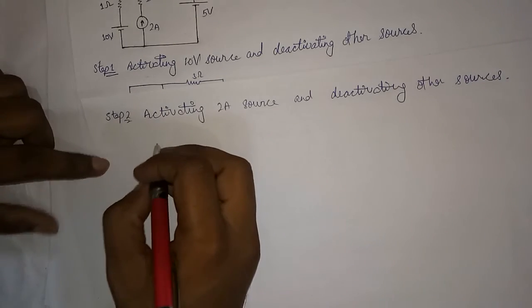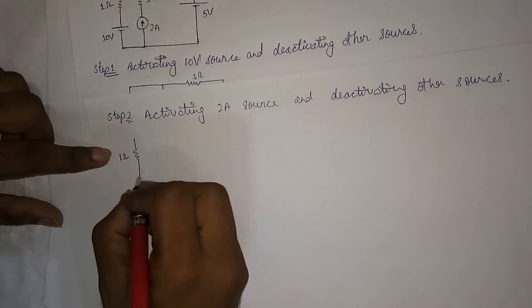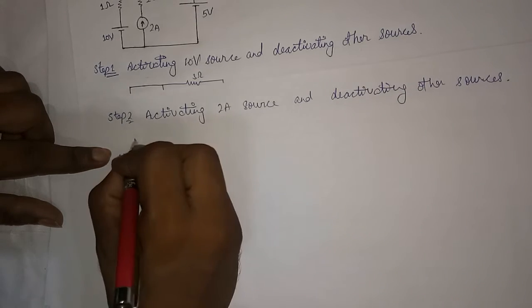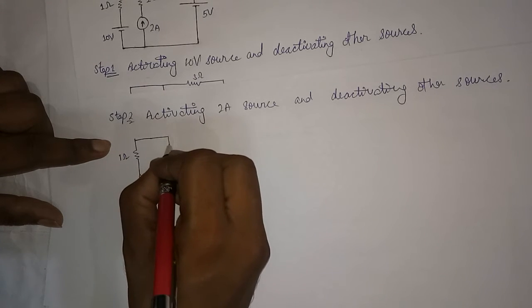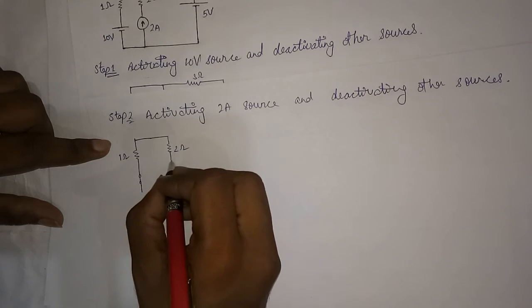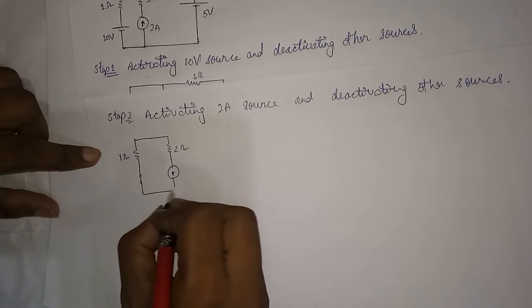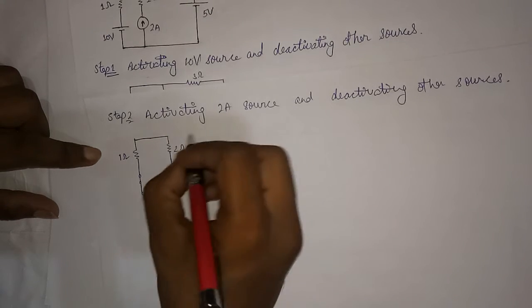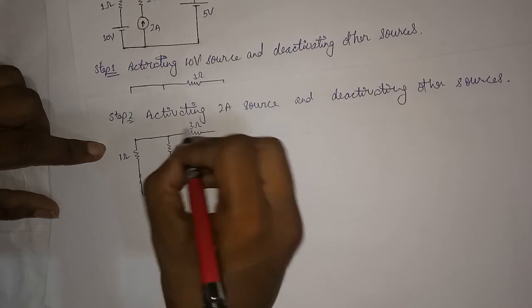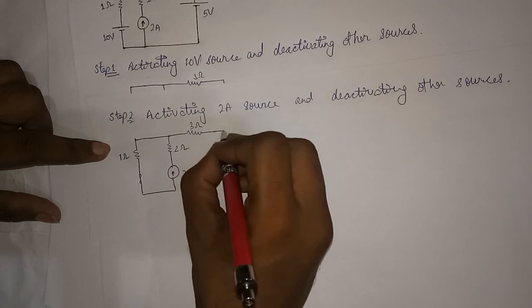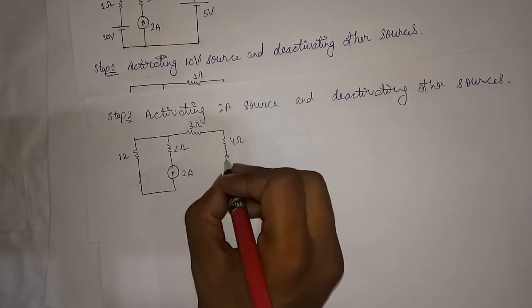So the modified diagram will be like 1 ohm with a short circuit in parallel with 2 ohm resistance having a voltage source, a current source of 2 ampere in series with 3 ohm in series with 4 ohm, and it is in short circuit.